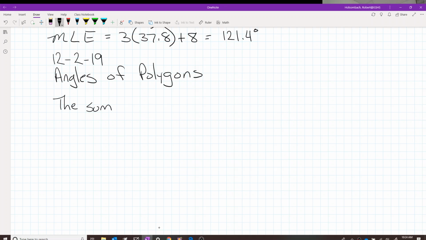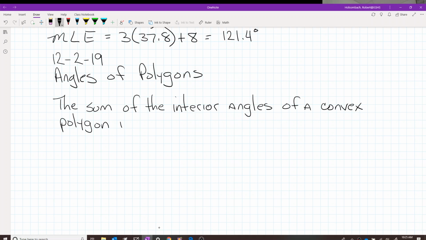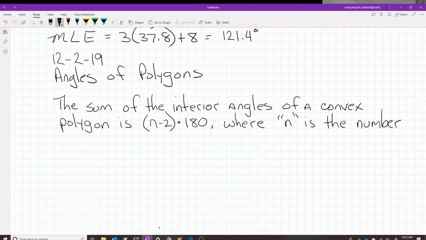The sum of the interior angles of a convex polygon is n minus 2 times 180, where n is the number of sides.